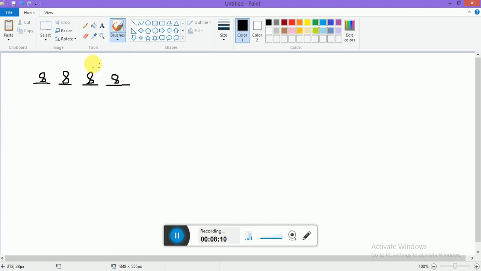This is how IP version 4 looks like: 8 bits, 8 bits, 8 bits, 8 bits in each portion, which is equal to 32 bits. So the total number of bits in IP version 4 is 32 bits.